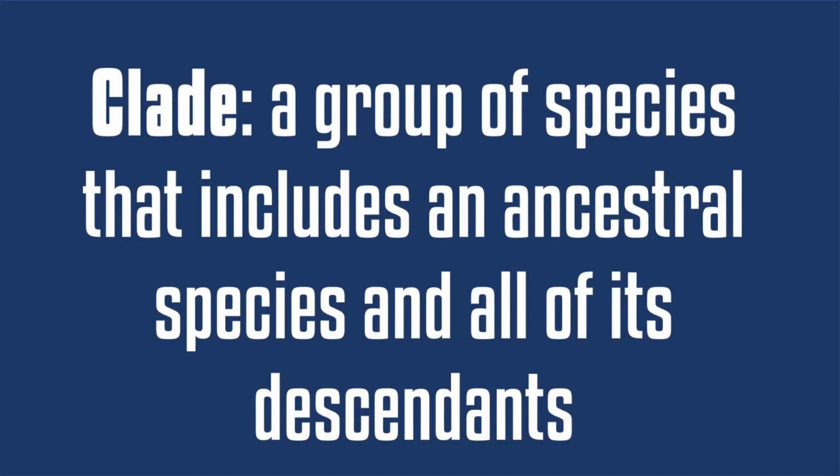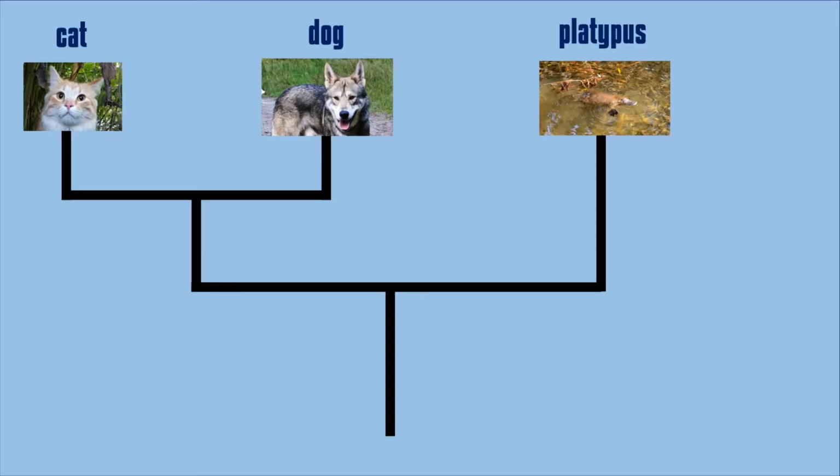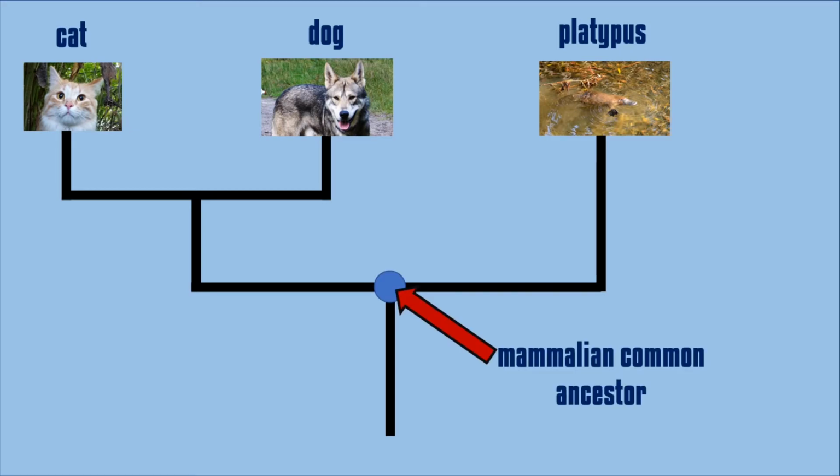So a fish clade would include the most recent common ancestor to all fish and all of its descendants, which should all be fish. For instance, a clade for mammals would include the most recent common ancestor for all mammals and all its descendants. Now, I couldn't fit all mammals here, so there are just some examples, like the cat, dog, and platypus. Standard choices, you know.